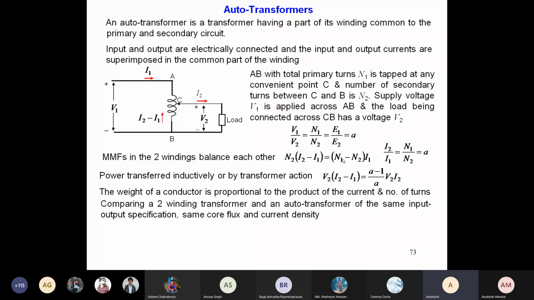There is another term called current density. That means amperes per meter square in the conductors.